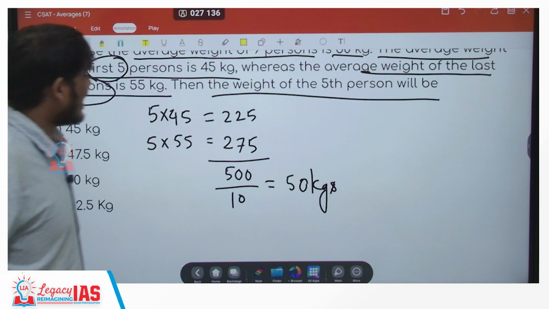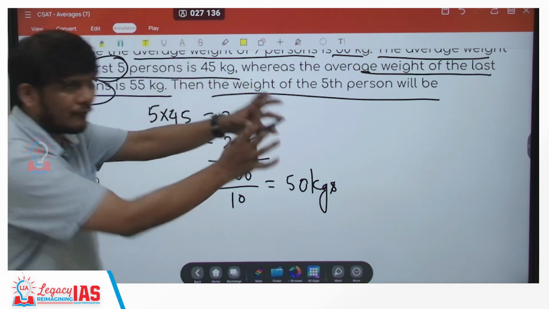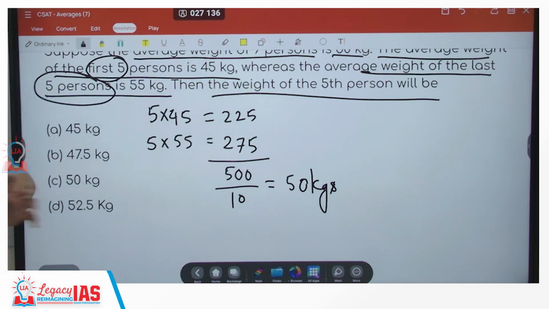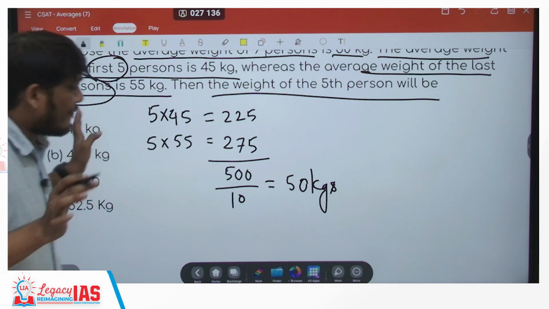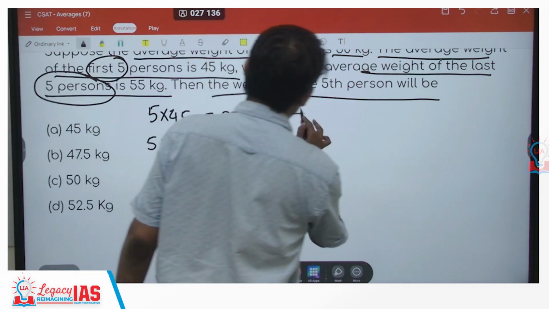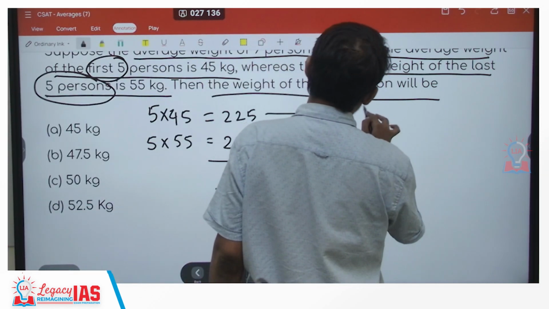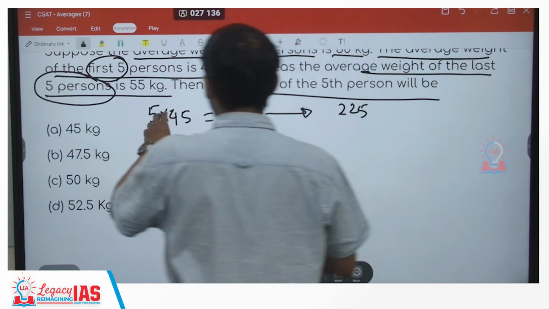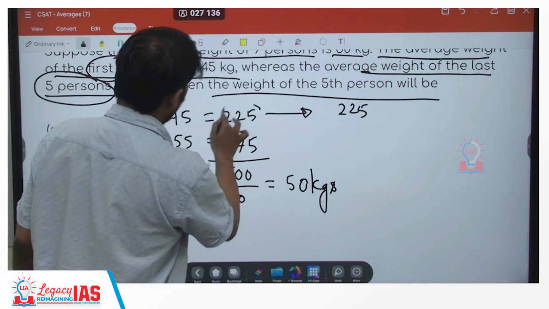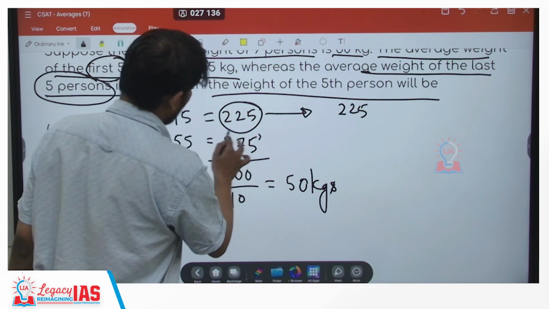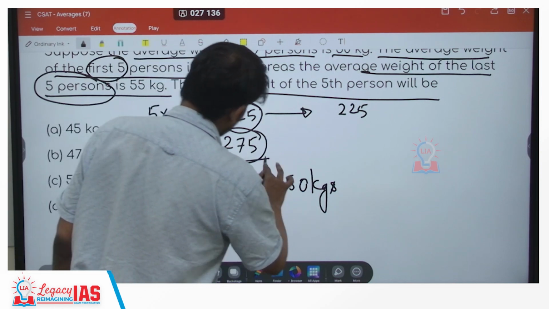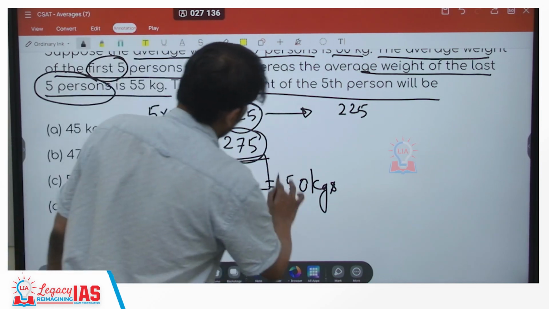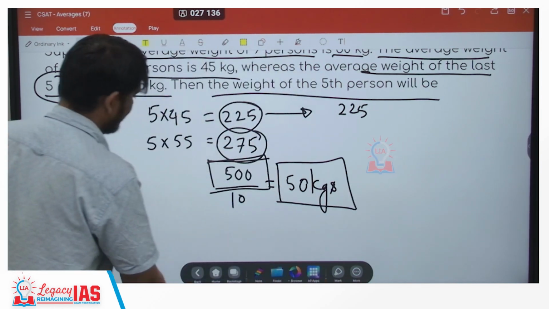So when we are adding the 5th person with the first 4, or the 5th person with the last 4, the average is remaining the same. You look at the average here. What is the average here? 225. Here the average is 45. But when you add the 5th person, here also you have added the 5th person. Now when you take the total, what is the average? The average is coming out to be 50.